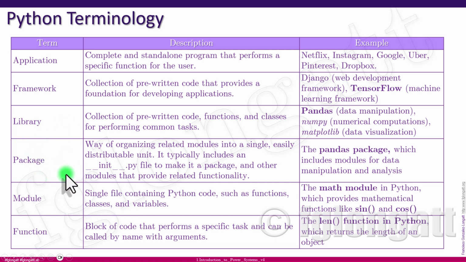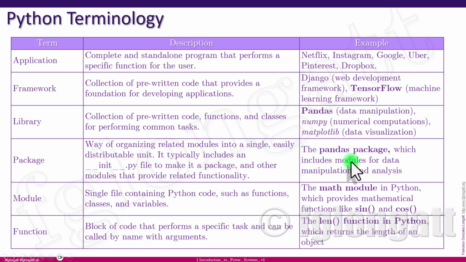The package is more organized, and the idea is to establish an organization of modules in a single and easy way to distribute them. So typically, a package must include what we call an __init__.py file. That is basically the way that you create the order between the different modules and provide the related functionalities.